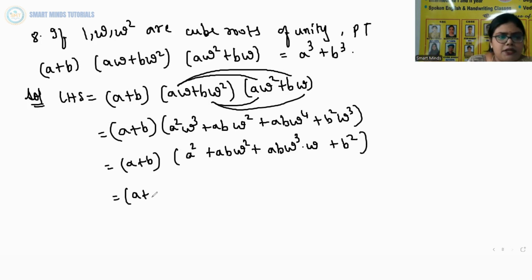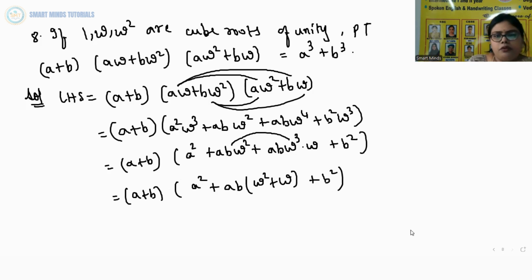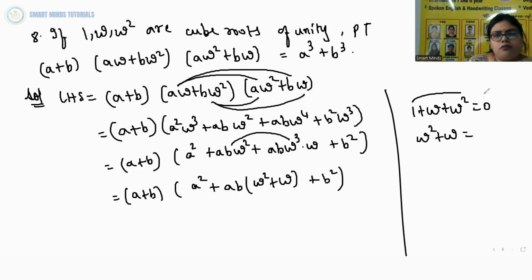Now that is (a plus b) into a square plus, if I take ab common from these two, we will get omega square plus omega. Now we know the condition 1 plus omega plus omega square is 0. If I want to find out omega square plus omega value, I should take 1 to the other side, it becomes minus 1.